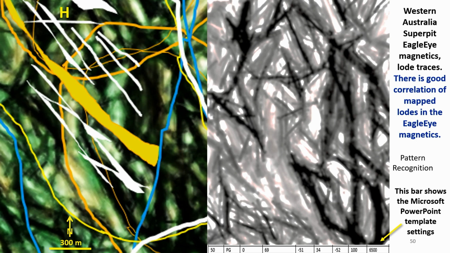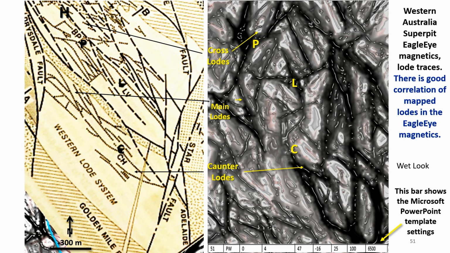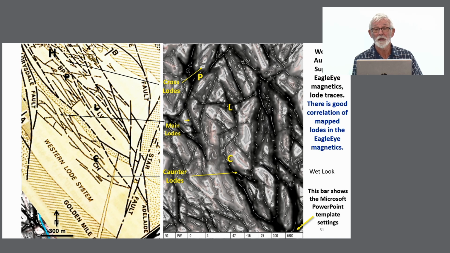And with the various buttons, you can get the main system of lodes looking a lot sharper. That's not much good to anyone, but if you then give it a wet look, you start to pick out the high magnetic areas. Well, as I've said, the high magnetic areas aren't necessarily exactly what you're after, although in Kalgoorlie, certainly the lodes have got lots and lots of sulphide in them.